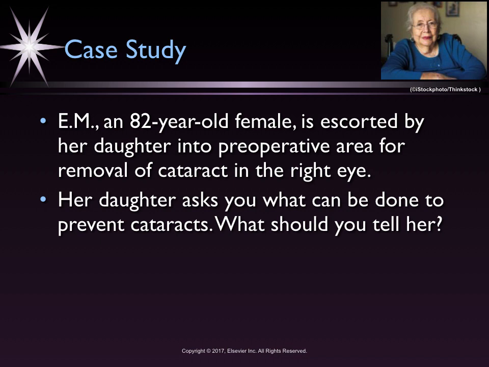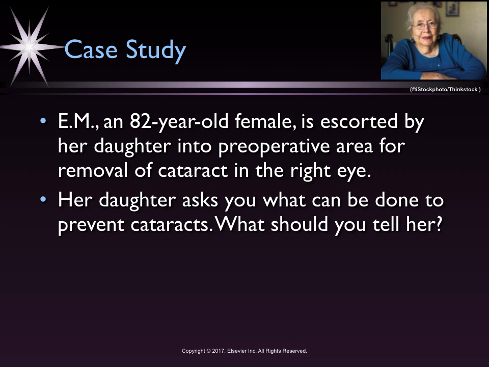In that study, they looked at age-related macular degeneration and cataracts to evaluate if high doses of vitamin C, E, beta-carotene, and zinc had any effect on the progression of age-related macular degeneration or cataracts.